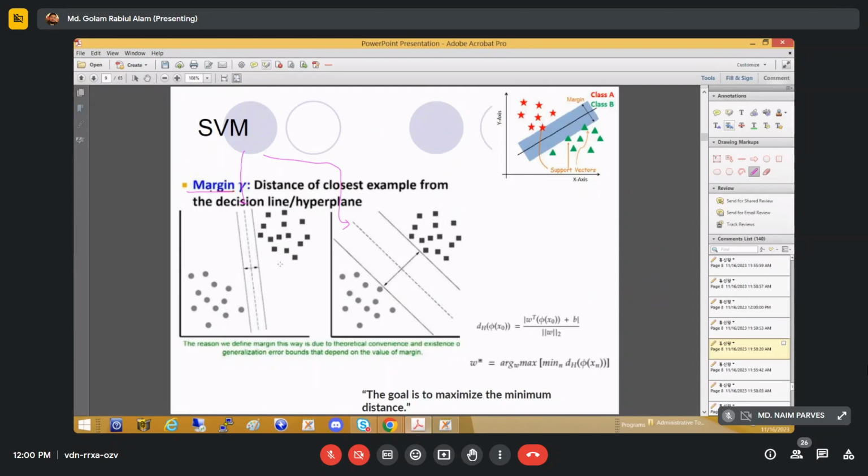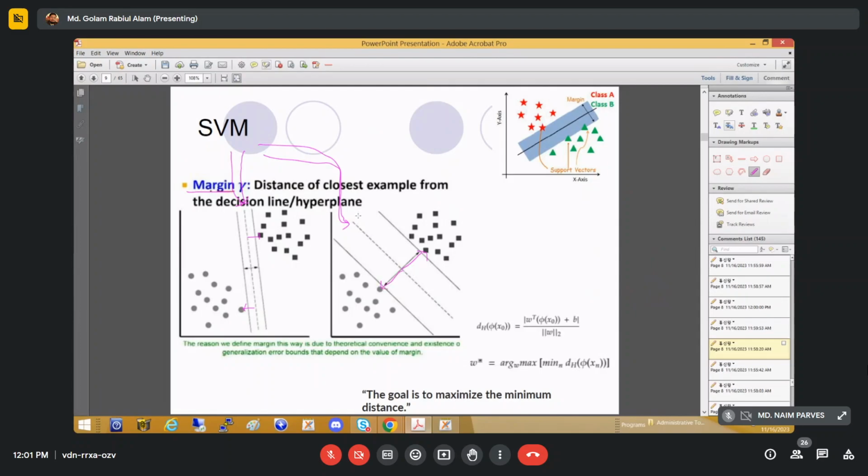But if we draw the hyperplane this way, the distance from the hyperplane to the data point will be like this. And if we draw it in this fashion, the distance will be this one and that one.